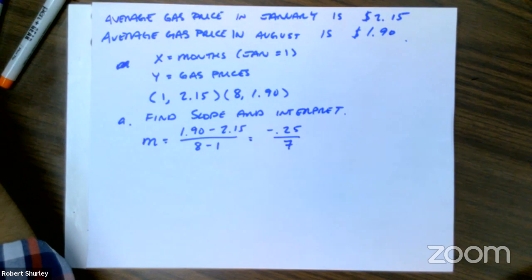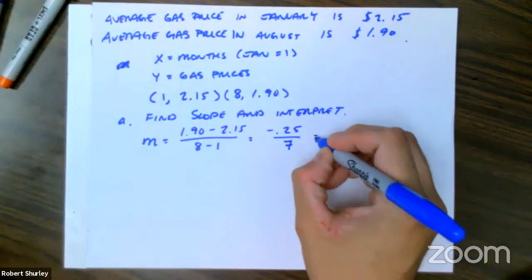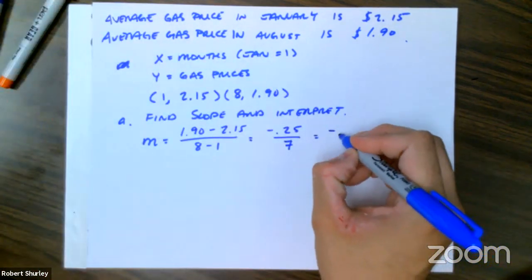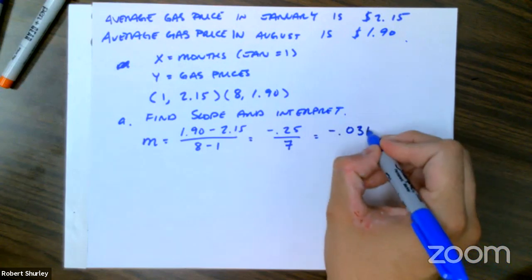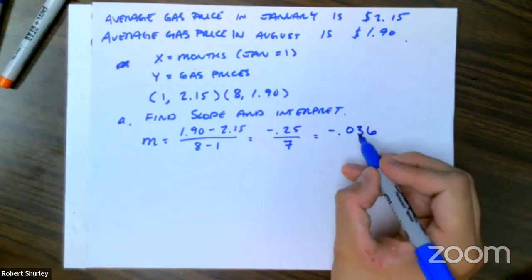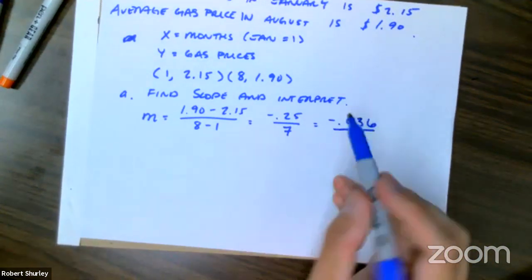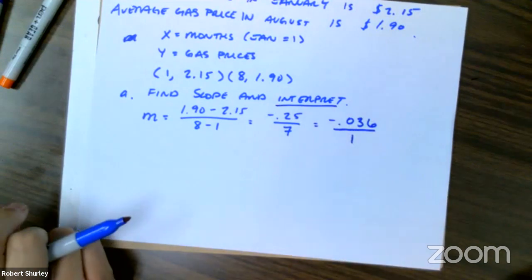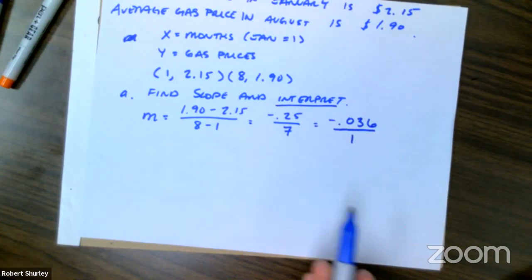Let me get my calculator here. So 0.25 divided by 7, negative 0.036. If I was going to round, I'll round it there. Now I'm going to think of this though as over 1. I'll tell you why. It's because of the interpret part. But either one of these would be correct.